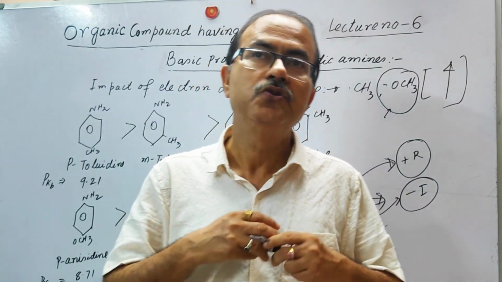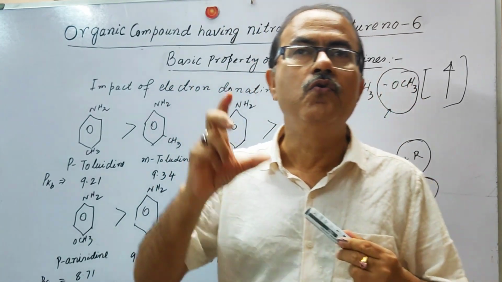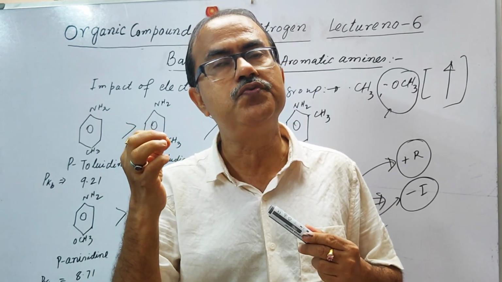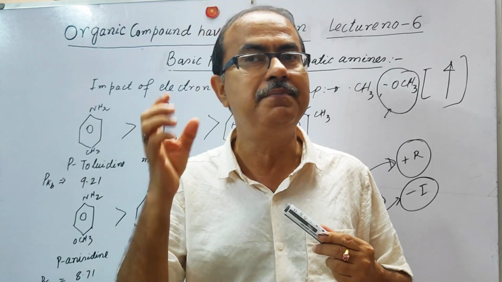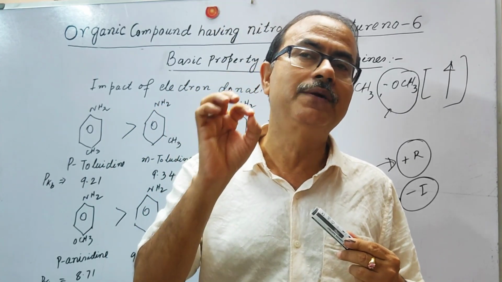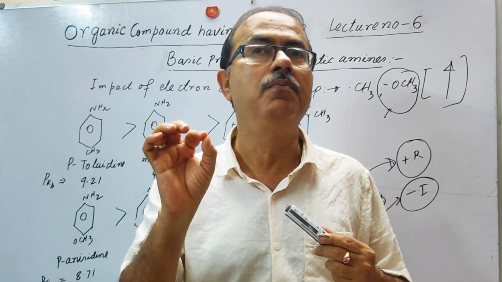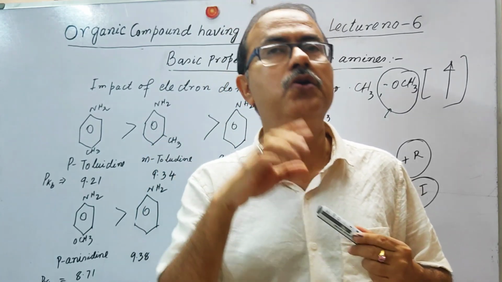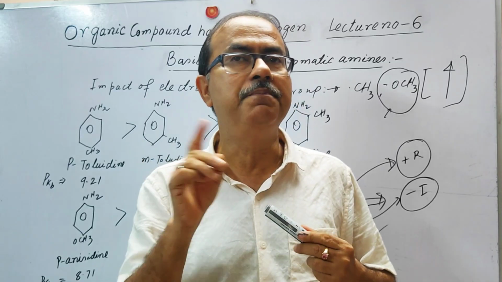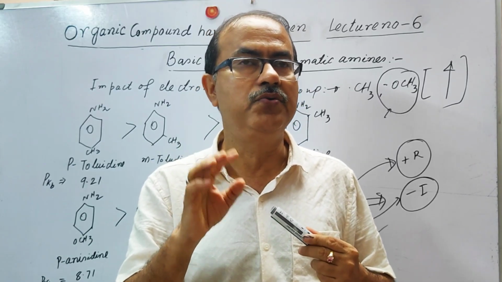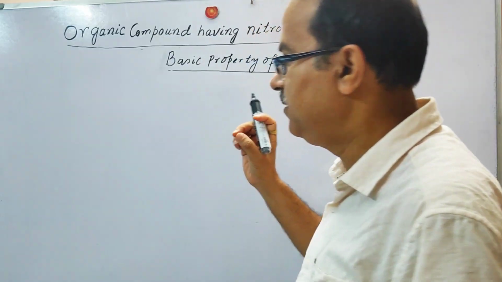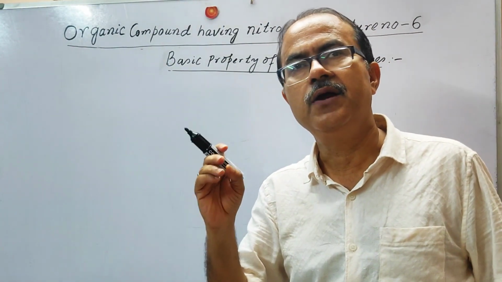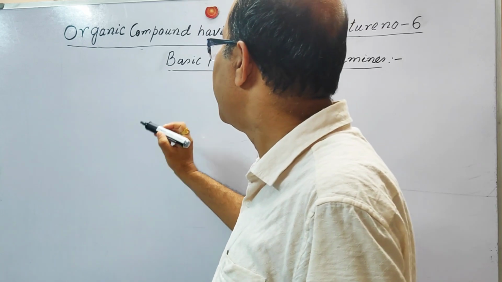Okay. So we will now understand when we are putting the electron withdrawing groups or electron donating groups in the ring. When we substitute the hydrogen atom of the amino group by any electron withdrawing group or electron donating group, what will be the impact on the pKb value, that we are going to discuss now. We are now discussing why we are substituting the hydrogen atom. At that time, what is going to happen?